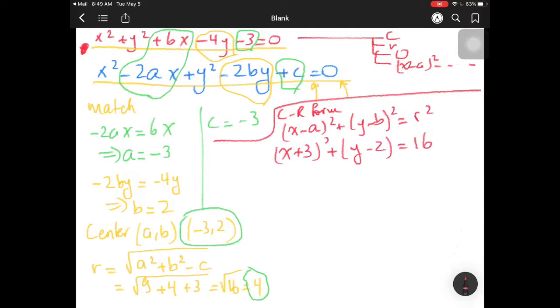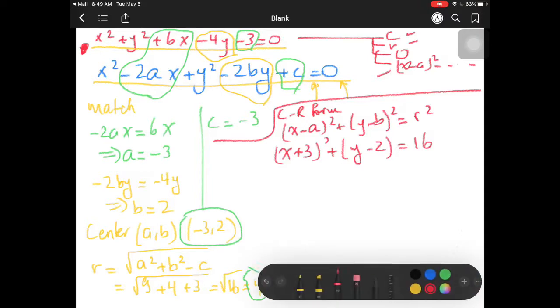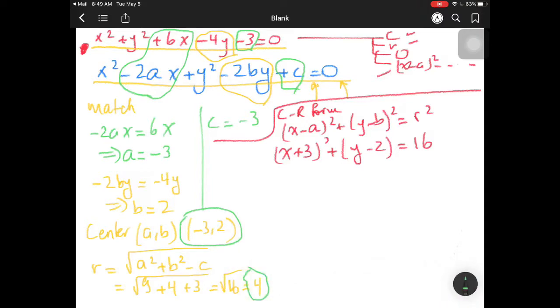So we've already answered where is the center, what is the radius, what is the center-radius form of the equation of the circle. What we still have to do is to draw it. So the center is at minus 3 and 2. Minus 3 and 2, so this is the center.